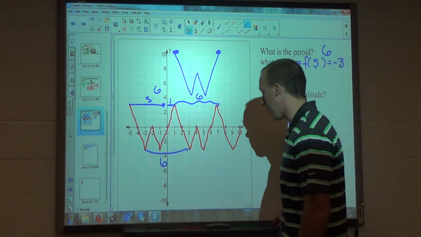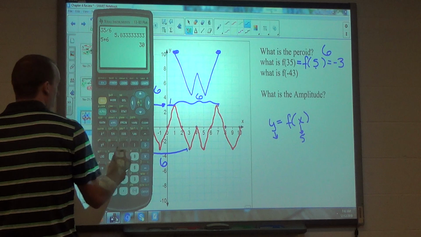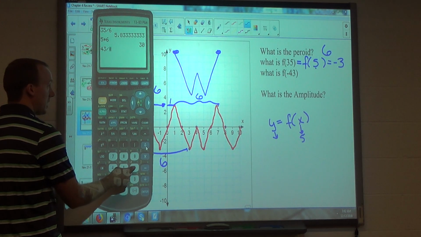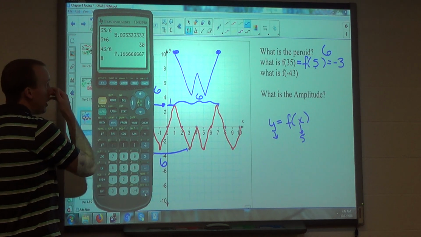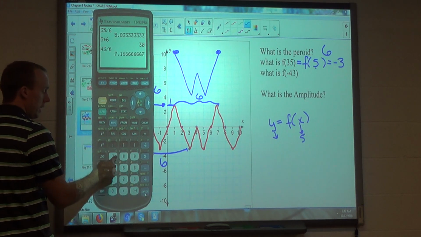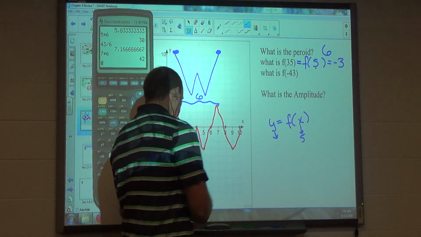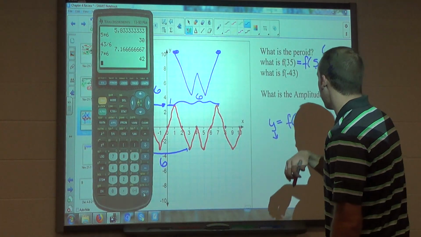Okay, what is the f of -43? Okay, again, I don't know, so I'm going to take 43 and divide it by groups of 6, that's my fundamental period, giving me 7 full groups, so I'm going to take 7 times 6, which puts me to 42. And if I'm doing the negative, it's -42.